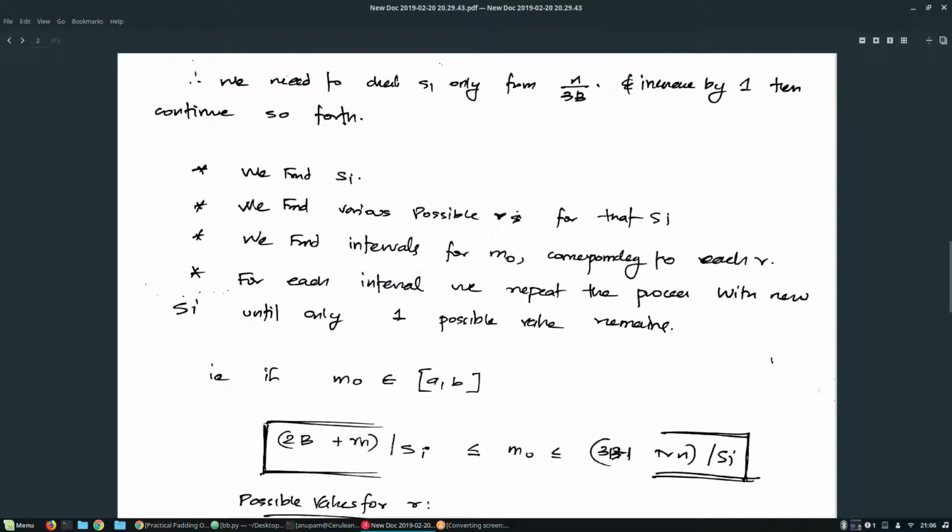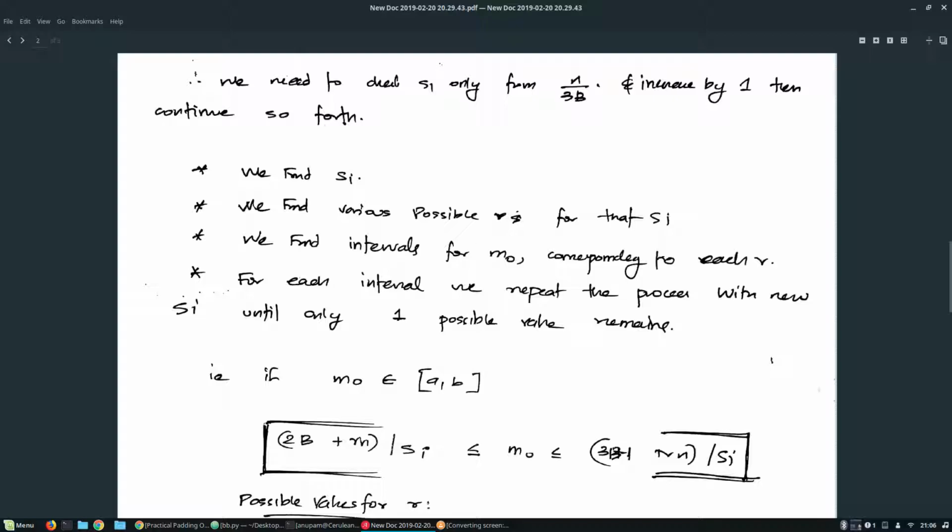So now we basically repeat this process. When we find various values of s1 and we get the different values of r, we basically get a lot of smaller intervals in between what we initially thought. So we basically repeat this process in each of these intervals until we get only a single possible value.